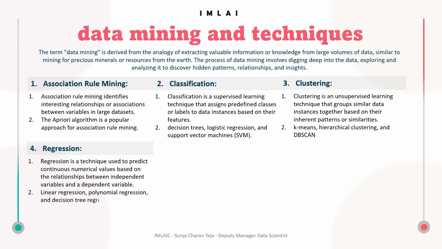So what's next for us? We have anomaly detection. Anomaly detection involves identifying unusual or abnormal patterns or outliers in data that deviate significantly from the norm. It helps in detecting fraud, anomalies in network traffic, or rare events.